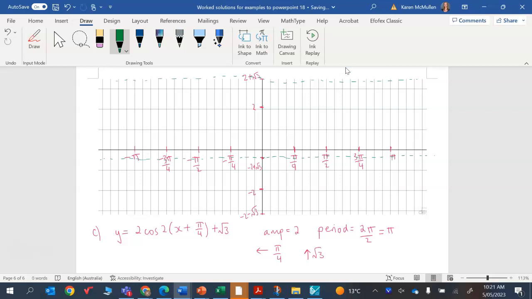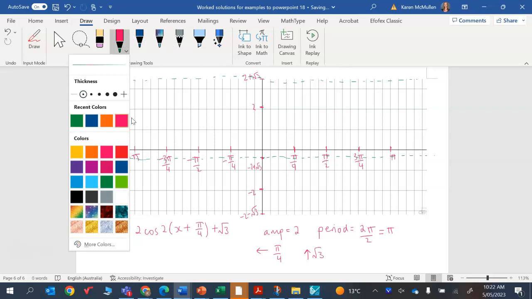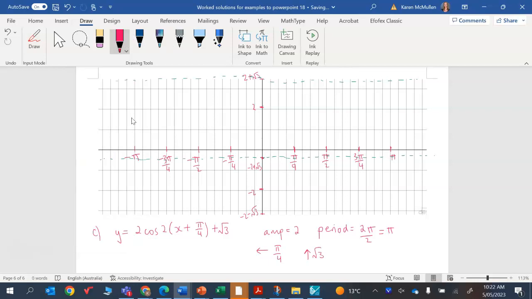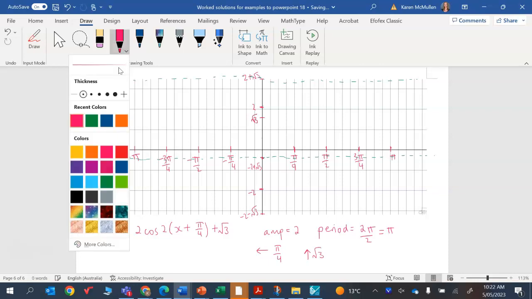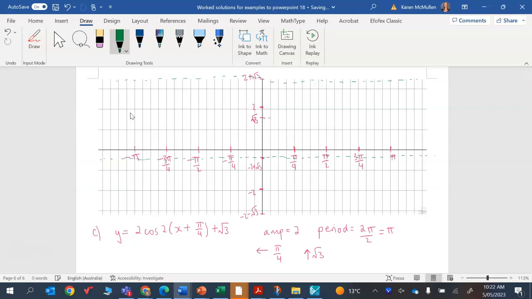So we've gone up root 3. So our halfway point is going to be, what was that, 1 point something? So we're going to be up here. Square root of 3. It's roughly there. Okay, and you can see it's halfway between your maximum and your minimum anyway. Gosh, that's very wonky, isn't it?